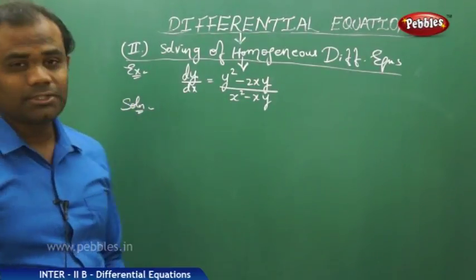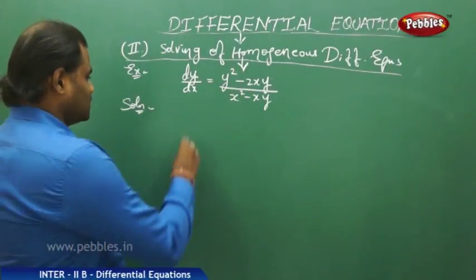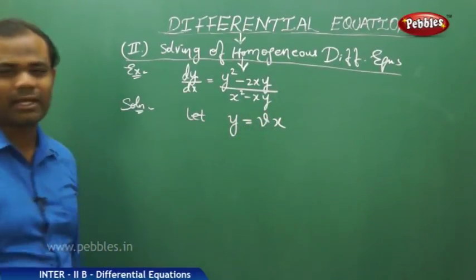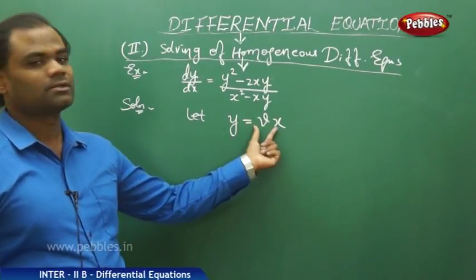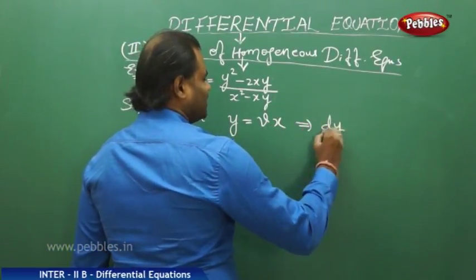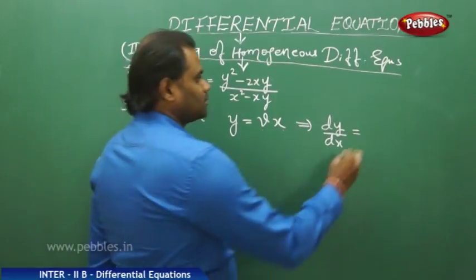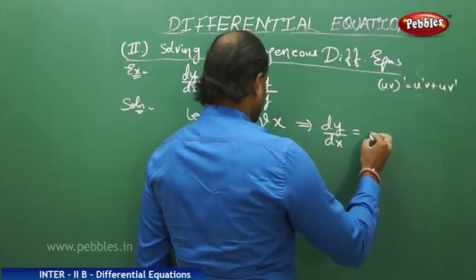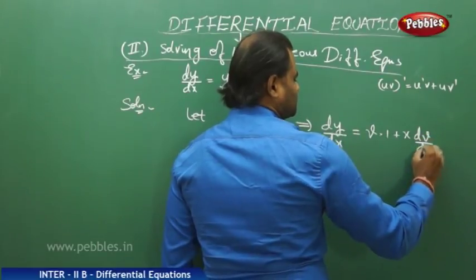In order to solve the homogeneous differential equation, the first step of solving using this method is that I take y equals some v times x, where v is a new variable introduced in the form of y equals vx. That implies, differentiating on both sides, dy by dx equals d by dx of vx, which, using the formula u dash v, is v times d by dx of x plus x times dv by dx.